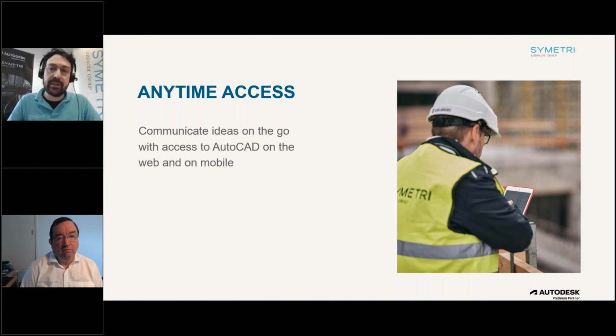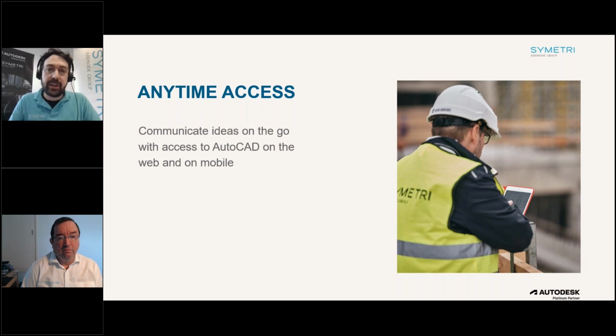So you can go on site with your tablet or your phone, and you can access AutoCAD directly from your tablet. For example, if you want to check a dimension, or if you want to check something that corresponds to reality just from a drawing, you can open AutoCAD from your tablet and check that on the go.